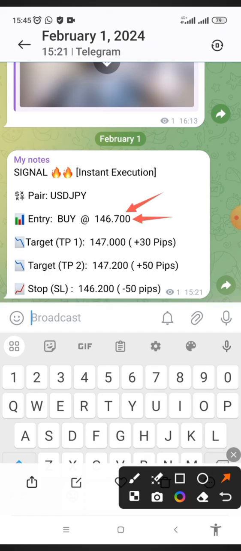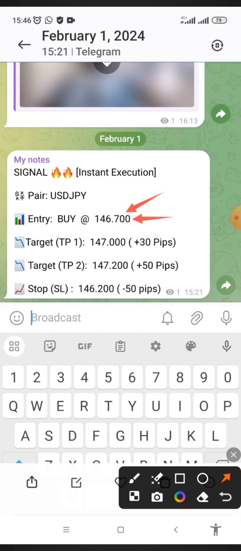Even if it has gone above this price about 5 pips or 7 pips or 8 pips, it is still an advantage for you to go in. You don't have to wait for price to come back to this price before you enter.